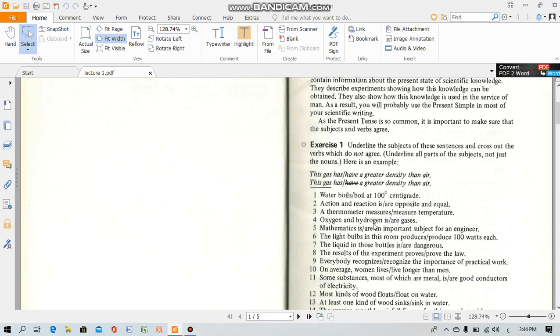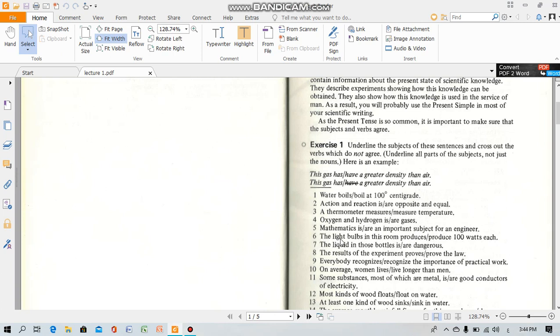Oxygen and hydrogen are gases. Mathematics. Look, here it is, oh sorry, it is a singular. Mathematics is only one subject. Mathematics is an important subject for an engineer.